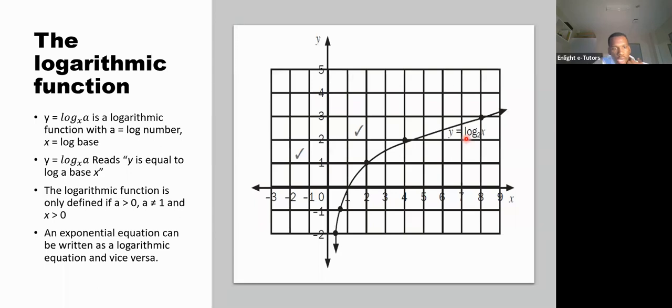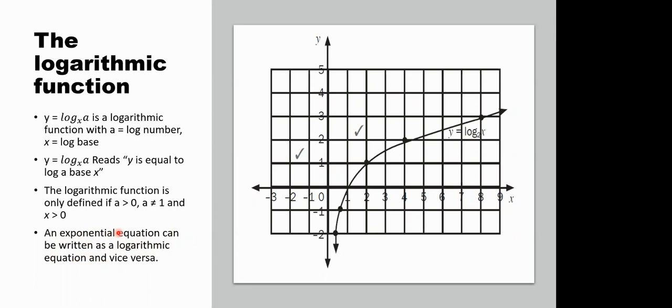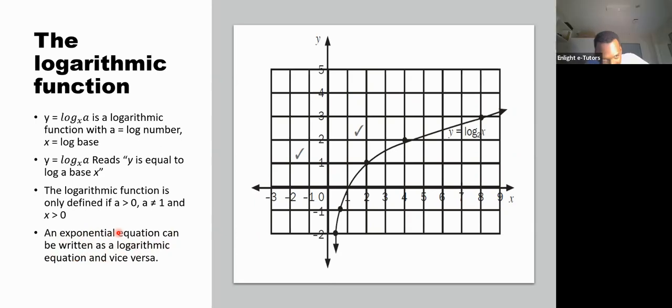Okay. So here they say exponential. An exponential equation can be written as a logarithm equation, and also a logarithm equation can be written as an exponential equation. This is just to show you that both of these things are the same. It's just that one uses log and the other doesn't.